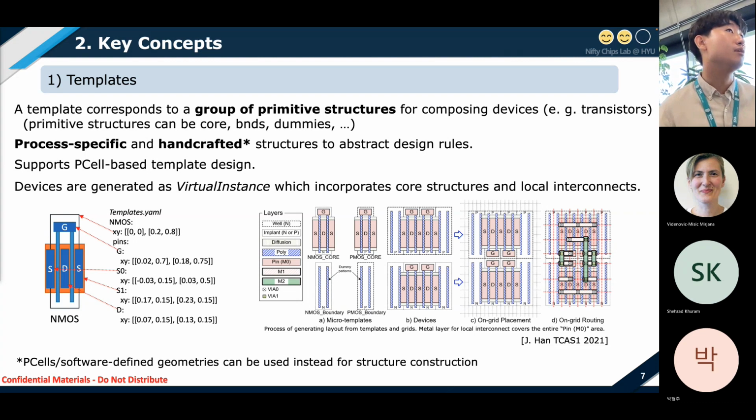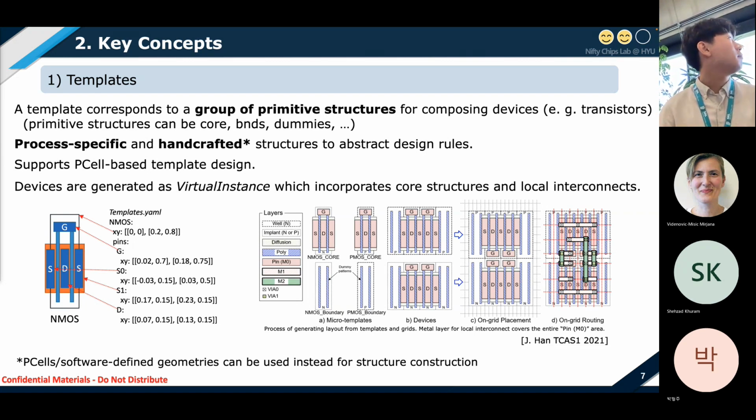Core, boundaries, and dummy devices are created by hand and then saved to a template library. It is also recommended to use an even number of fingers since LAYGO2 is developed for high-end technologies. And the design rules of each process are different, so you need to build those primitive devices with your own hands.